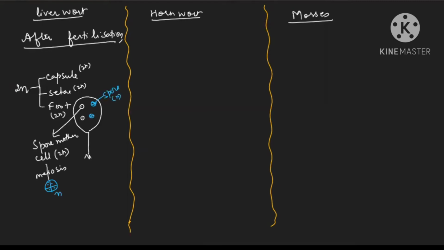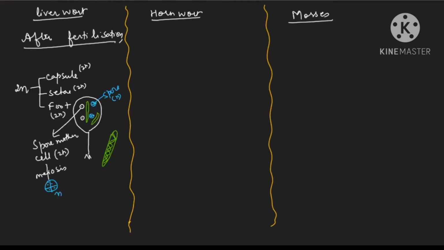Now for the dispersal of these spores, we find one structure is present. This structure is known as elaters. These are elaters. And let me draw the elater outside to make you learn. Elaters have hygroscopic thickening, spiral hygroscopic thickening, which responds to moisture.